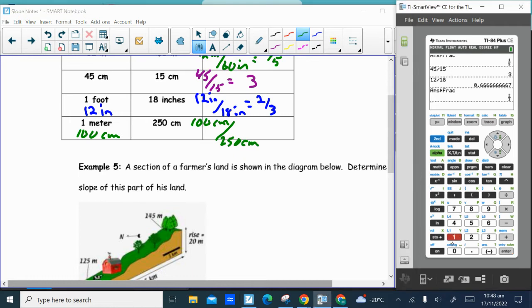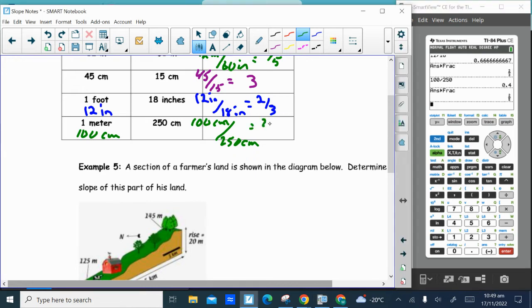If you do that on your calculator, it gives you that decimal 0.4, which as a fraction is 2 over 5. If you take the original fraction and divide them both by 50, you're going to get 2 over 5.